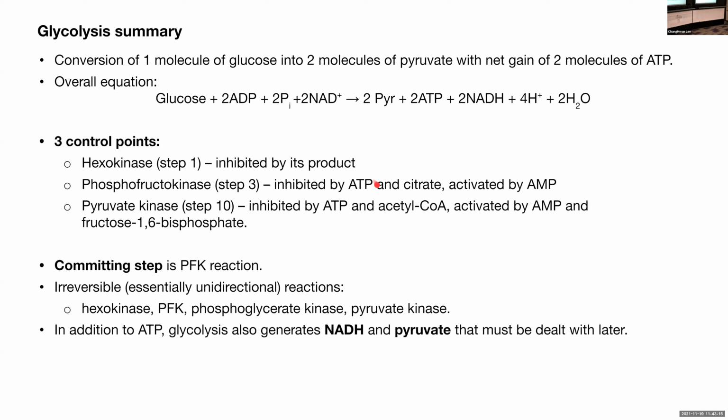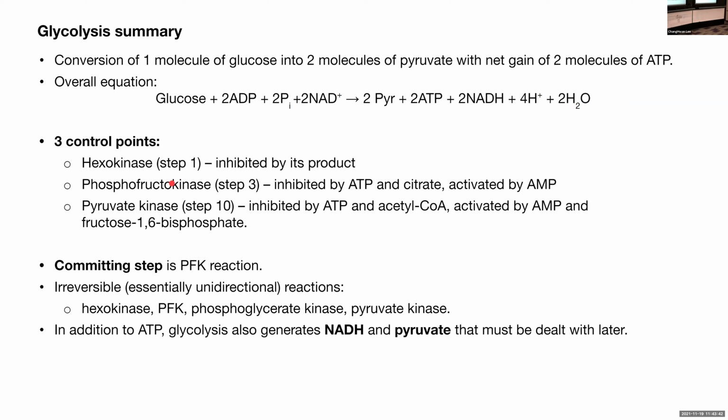If you have excess of ATP, as well as citrate, which is the substrate for a much later stage, meaning that there's a log jam, or already there are a lot of things that have to be processed, so it'll stop there. But it's activated by AMP, again indicative of the cell now running low in its storage of energy.